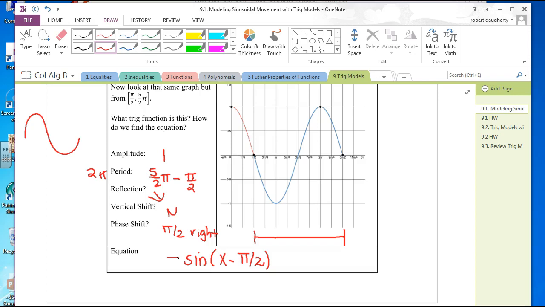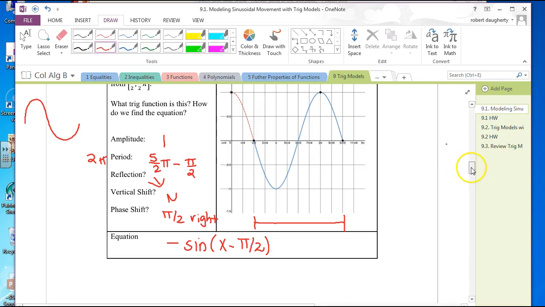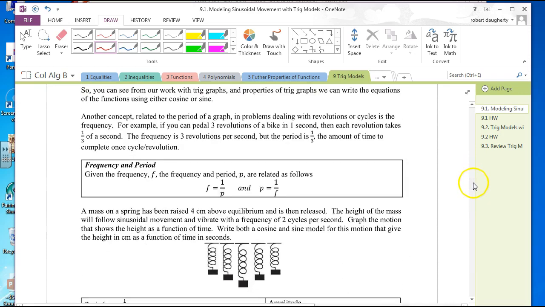So in these models, depending on where you start or where you look at it, you could have multiple answers that could be correct. There could be a cosine graph that's correct or a sine graph. These are the same curves. Negative sine of x minus pi over 2 is the same as cosine x. So depending on where you look at it is what equation you call that. Okay? So that's the skill that we'll need, being able to look at graphs and come back with the equation.